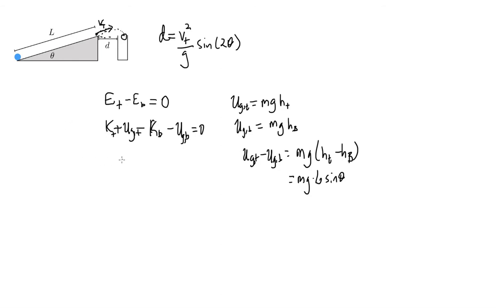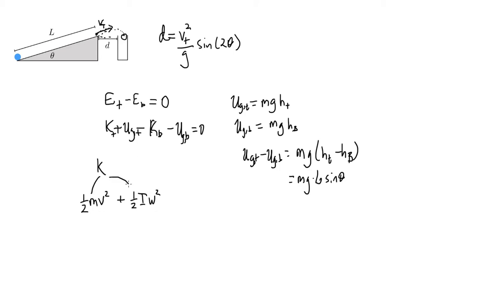To figure out the kinetic energy of these two situations, we have to know that the ball is rolling without slipping. So the kinetic energies, K, in general, are going to split into two parts. You're going to have 1/2 the mass of the ball times the speed at which it is traveling, v squared. And then you're also going to have 1/2 I omega squared, where omega represents the angular speed with which it is rotating.